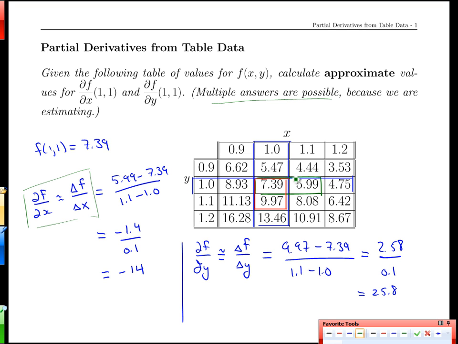They all involve the points that are closest to 1, though. That's the key thing, is we still want a small delta x or a delta y, but the details of which particular combination of points we pick to get these deltas turns out not to be that crucial unless we're super interested in super accuracy, but there still are choices we could make and get reasonable estimates.